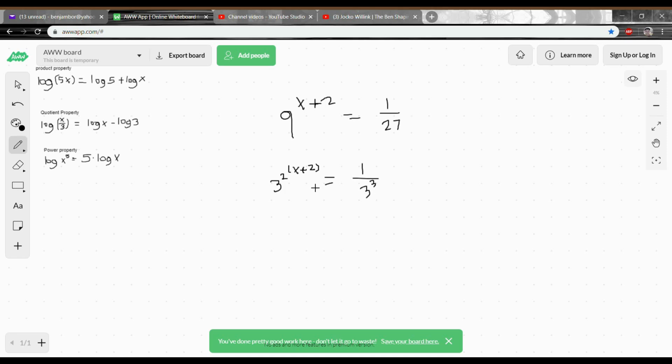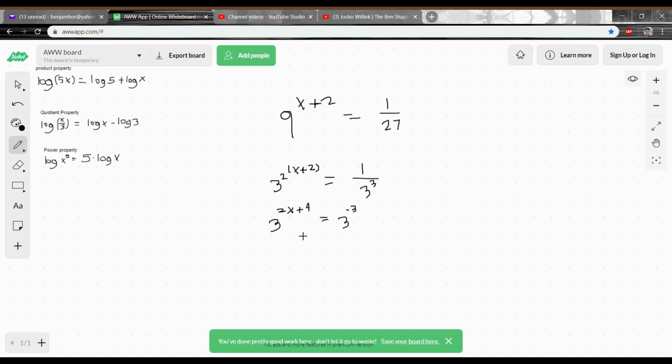Now we can use some of our properties and simplify. A power raised to another power, we can multiply those exponents out to be 3 raised to the 2x plus 4 power, and set that equal to, we have another property where if we have an exponent in our denominator, we can bring this to the top while making our exponent negative.